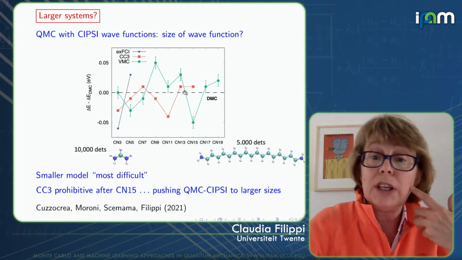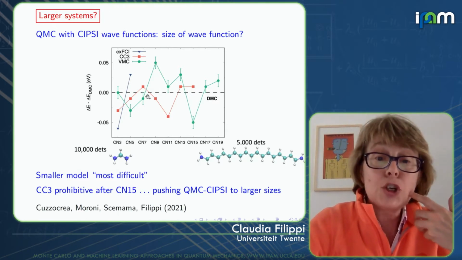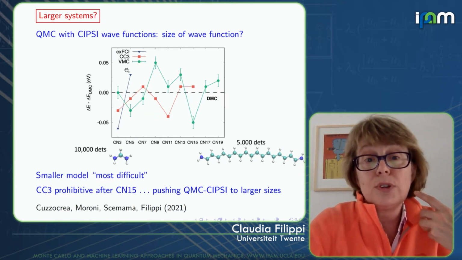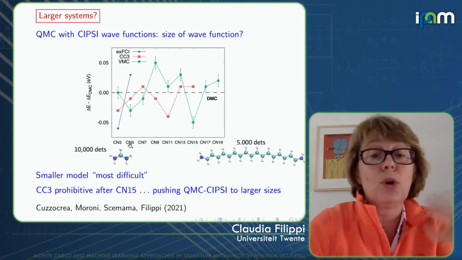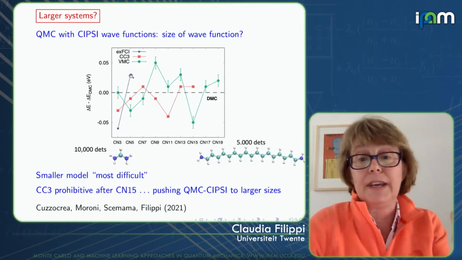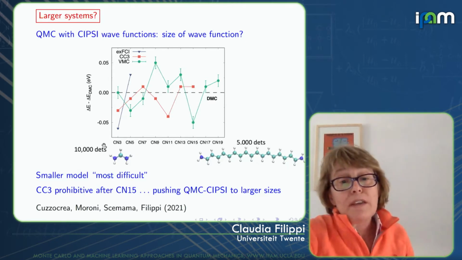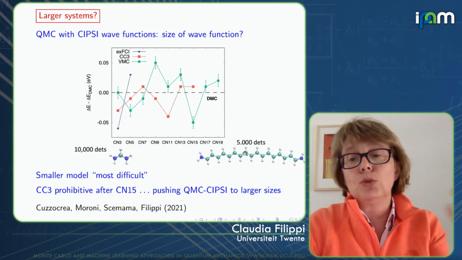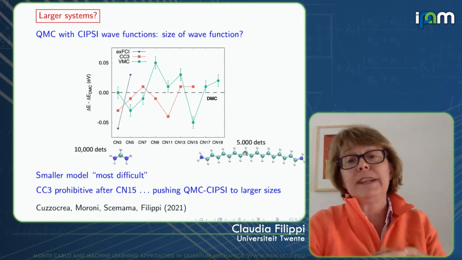And so the 0 here is diffusion Monte Carlo. Variational Monte Carlo is the green. You can see the scale is very small, so that's chemically accurate. And here is the extrapolated full CI for the smaller sizes where it is available. And in terms of wave function, what we found is that we actually need fewer determinants to extrapolate the excitation energy.